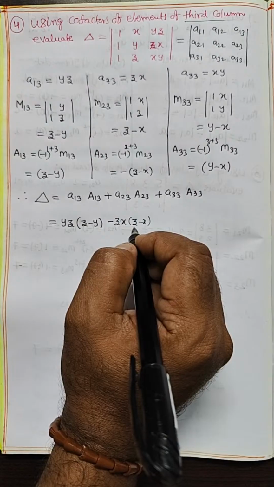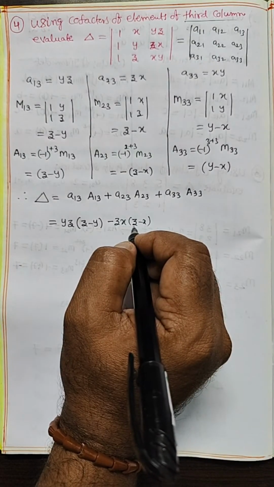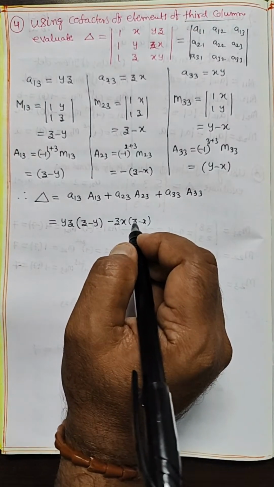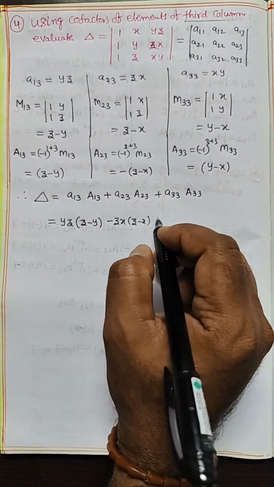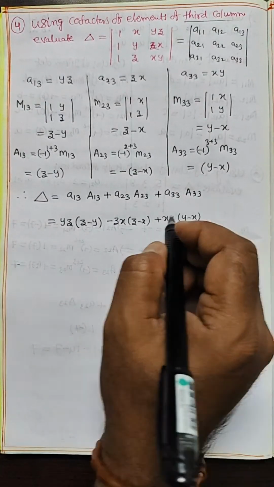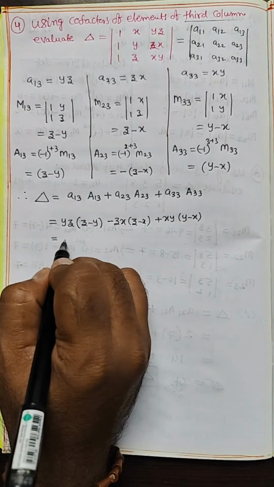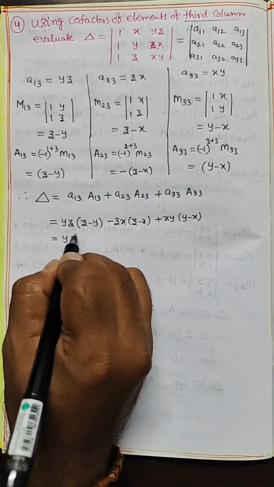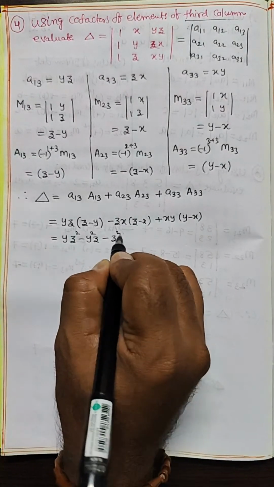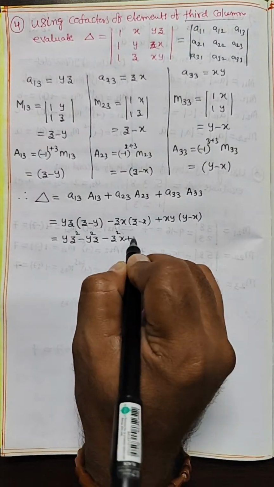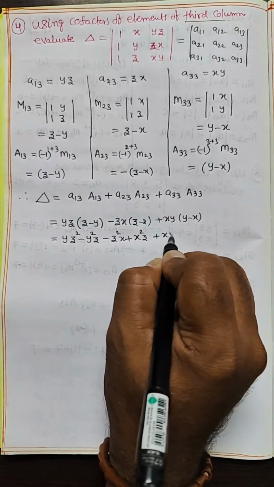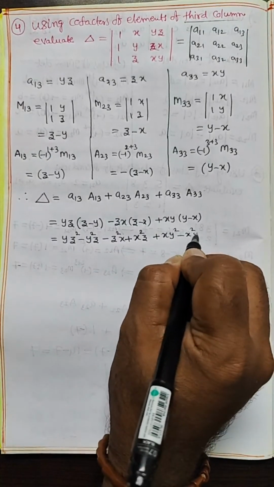A33 is xy into y minus x. So which is equal to yz square minus y square z minus z square x plus x square z plus xy square minus x square y.